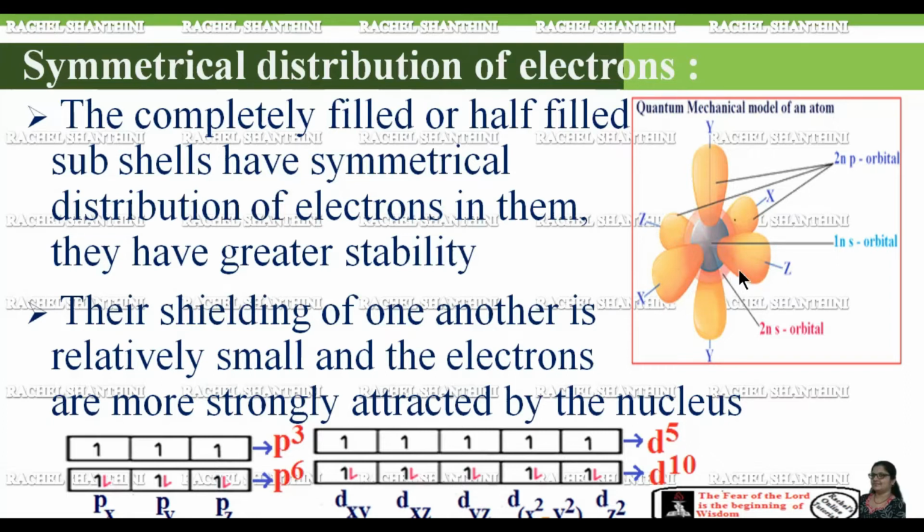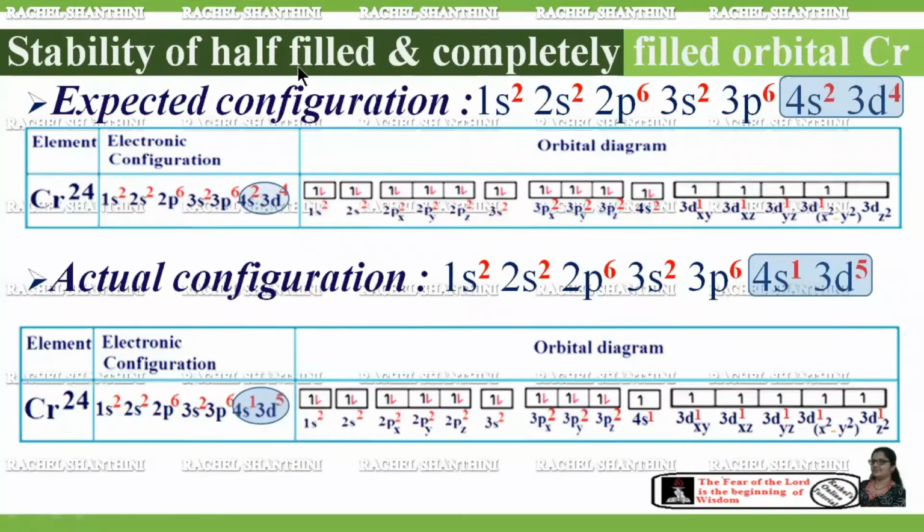Let us understand this concept by taking chromium as an example. Stability of half-filled and completely filled orbitals in chromium. If you look at the expected configuration of chromium, we have 4s2 and 3d4. In the orbital configuration, we have 2 electrons in the 4s orbital and 4 electrons in the 3d orbital, right?